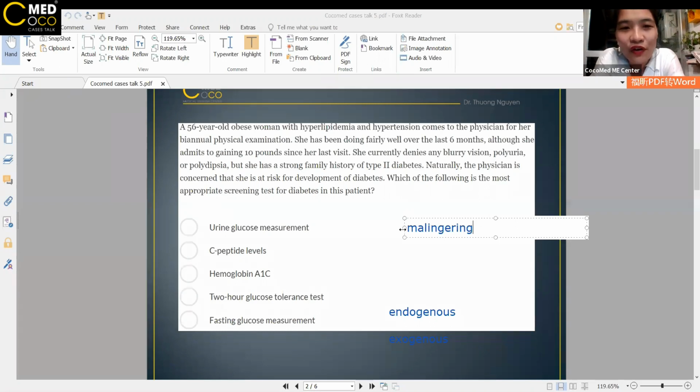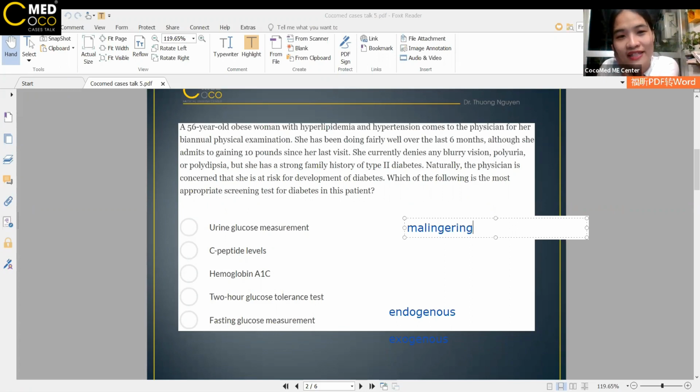Okay, so we have two sides here. One group chooses the fasting glucose measurement, the other chooses the hemoglobin A1C, right? We have two groups. I want to say the answer first, and I will discuss it later.